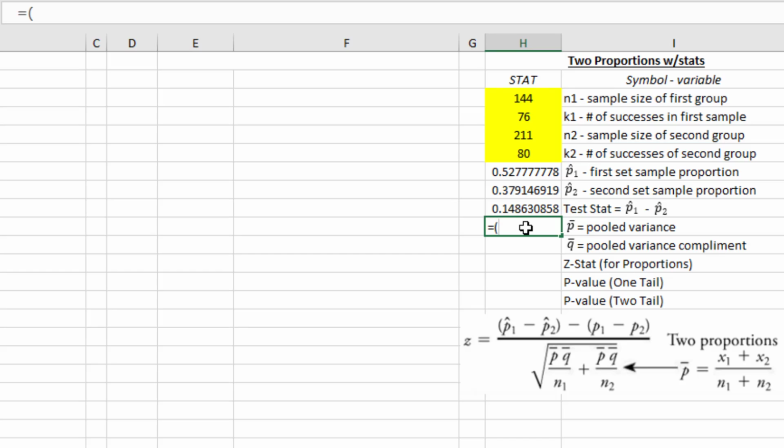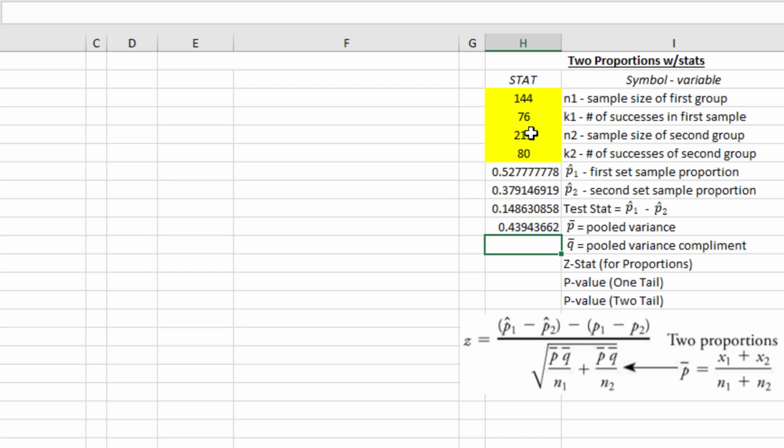So it's going to equal, open parenthesis, the successes from that group plus the successes from that group, close the parentheses, then that whole thing is going to be divided by another set of parentheses, and inside that is going to be that group size plus that group size, close the parentheses, and there is our pooled P.